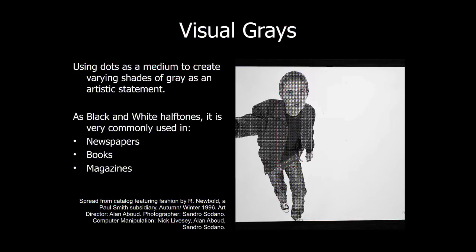Interesting. So this is an example of halftones. Halftones are made by primarily black and whites. You'll see this in newspapers, books, magazines. And this is a spread from a catalog featuring fashion by R. Newbold, a Paul Smith subsidiary, autumn, winter 1996.